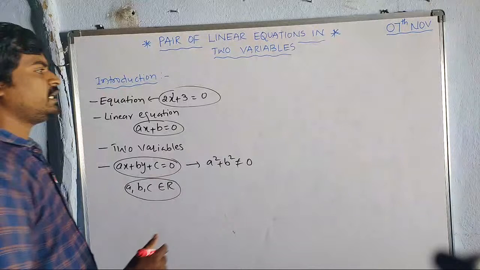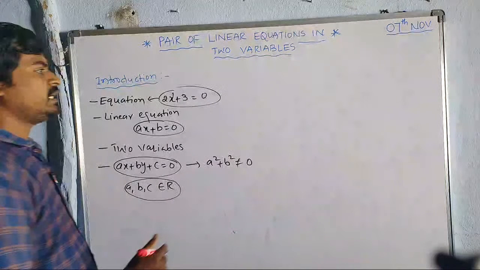Given a pair of linear equations represent, first condition you know, intersecting lines and it has only one solution or unique solution. So friends, this is the concept here.